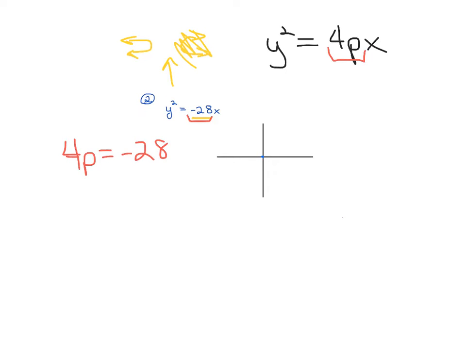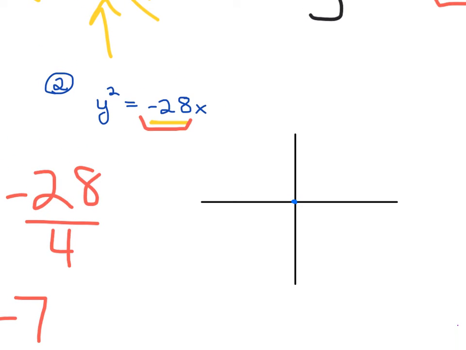This will allow me to solve to find the distance or the p-value. I'm going to divide, and my p-value is negative 7. I'm now going to graph my parabola. My vertex still is at 0, 0.